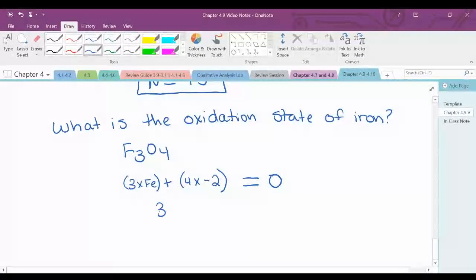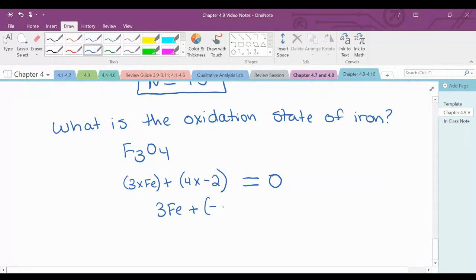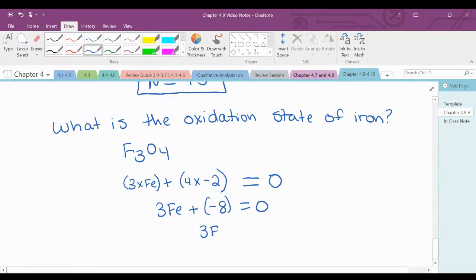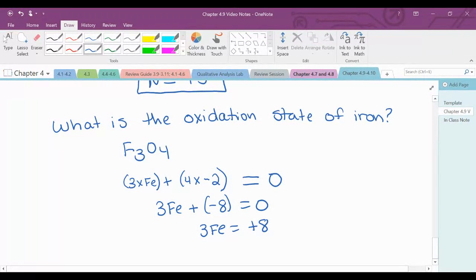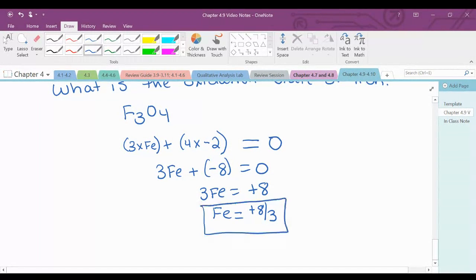So 3 irons plus a -8 equals 0. 3 irons equals a +8. So the oxidation state of iron would be +8/3. And yes, oxidation states can be fractional.